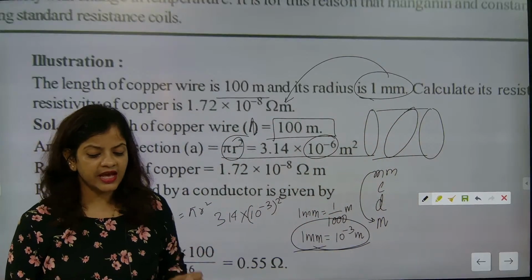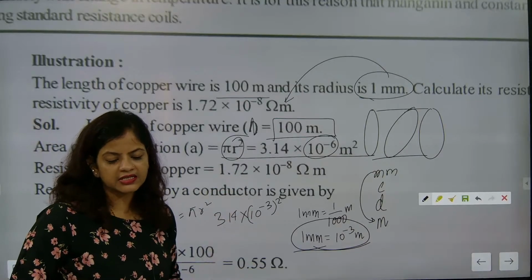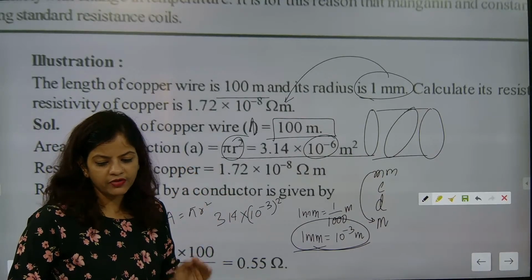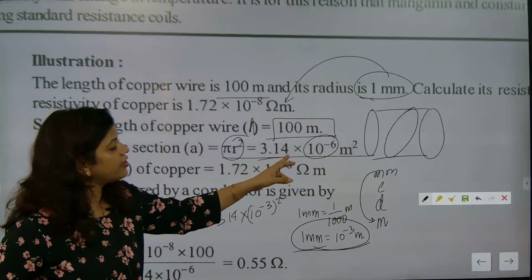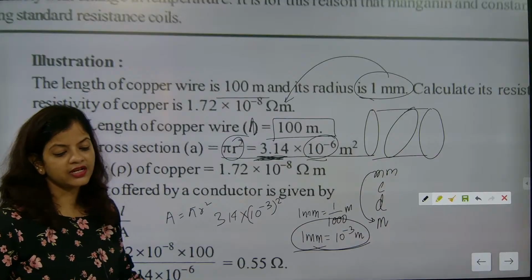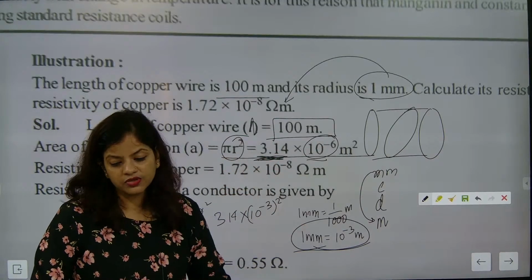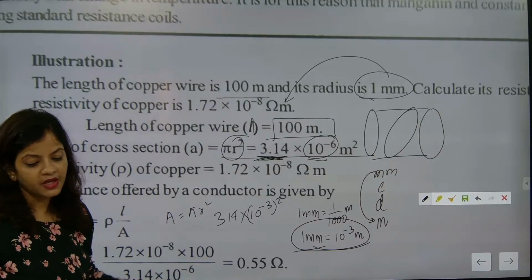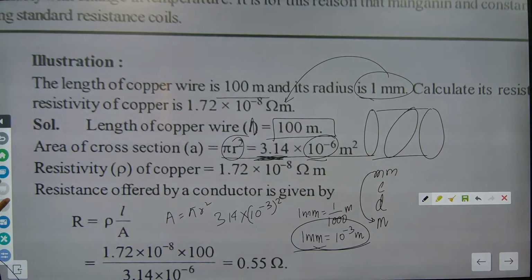Pi is considered as 3.14, so 3.14 into 10 to the power minus 3 whole square will be there. This is exactly going to be the formula.